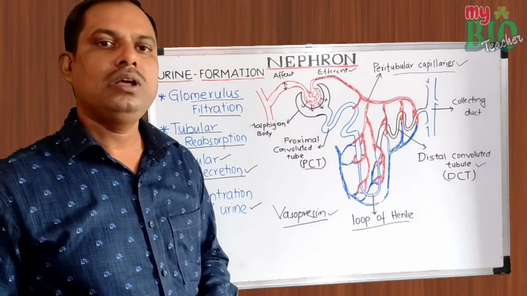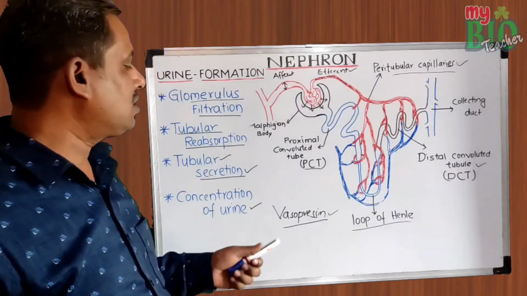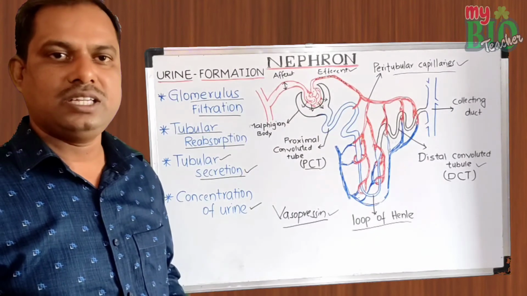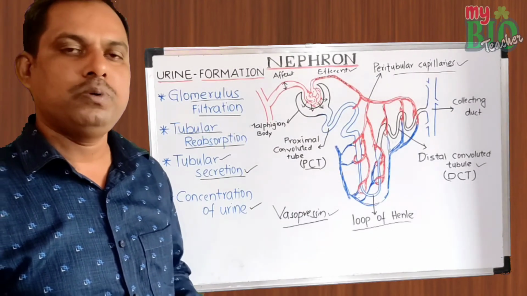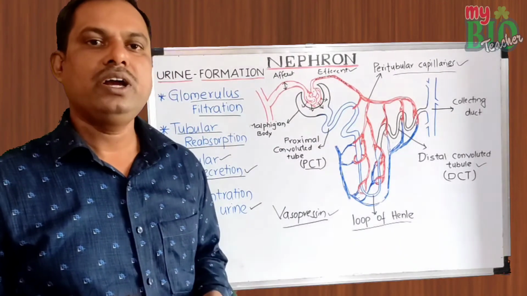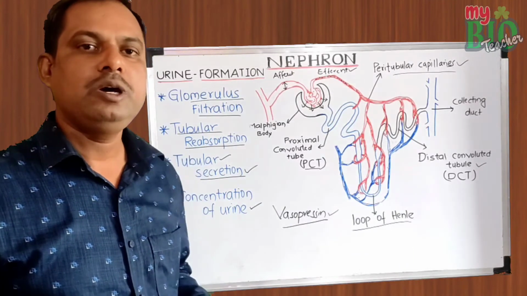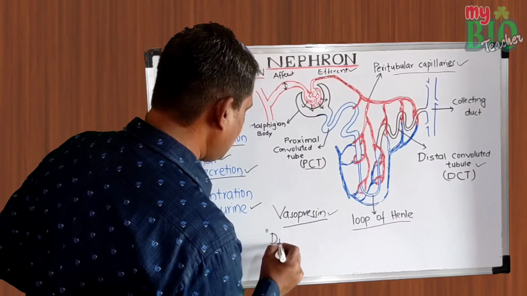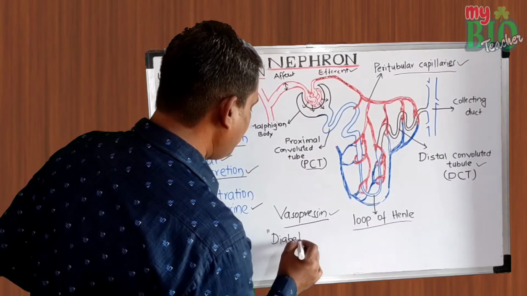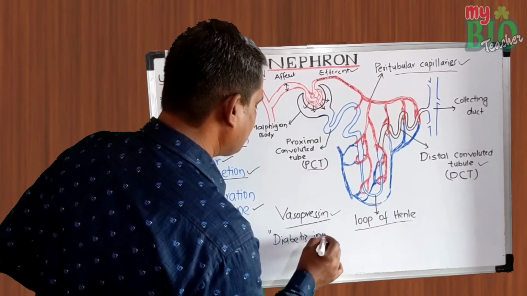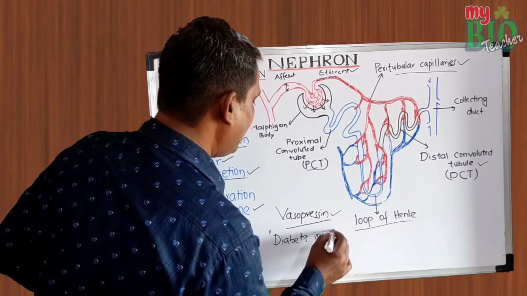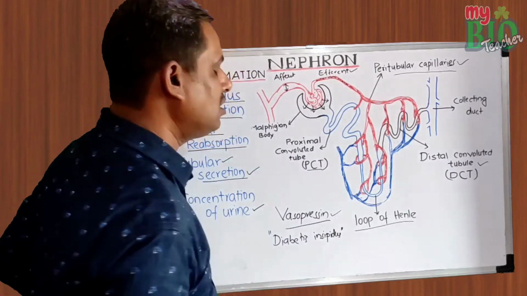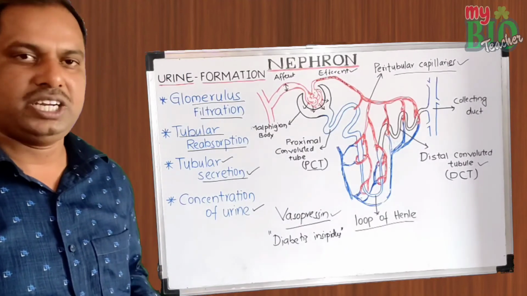People suffering from this deficiency produce a larger amount of dilute urine. Deficiency of vasopressin causes a disease called diabetes insipidus, with frequent urination.